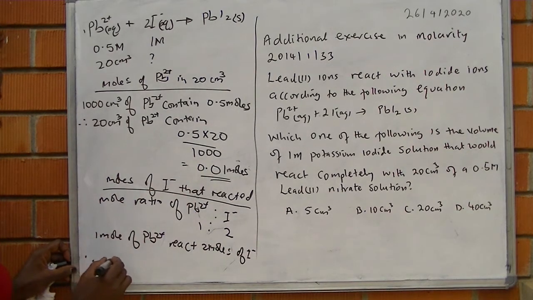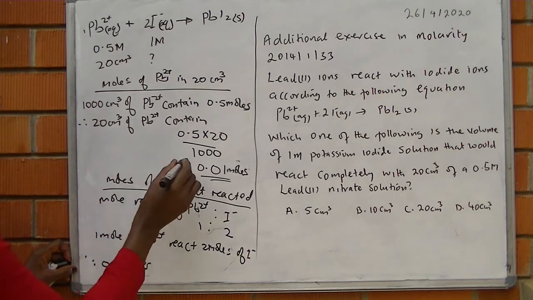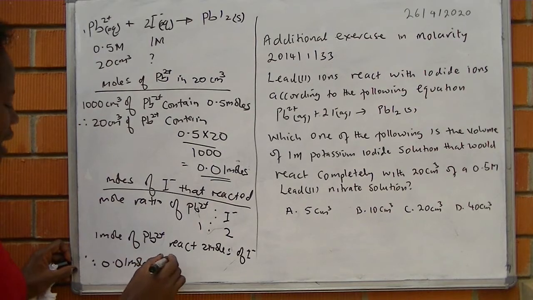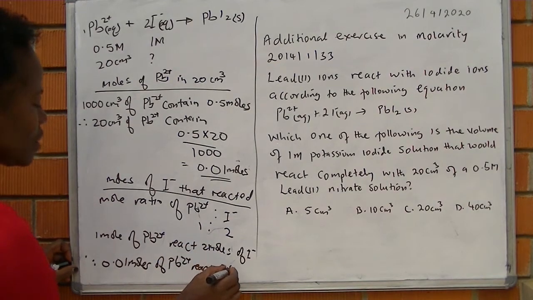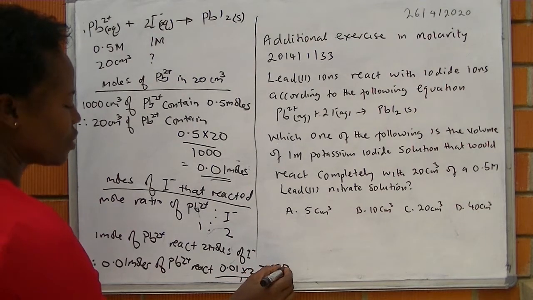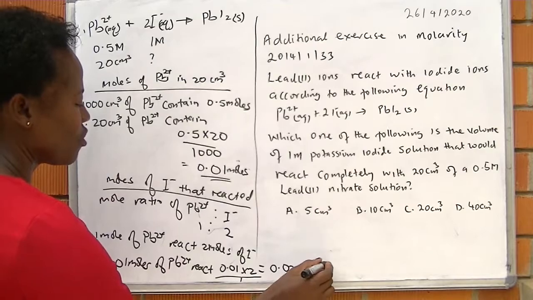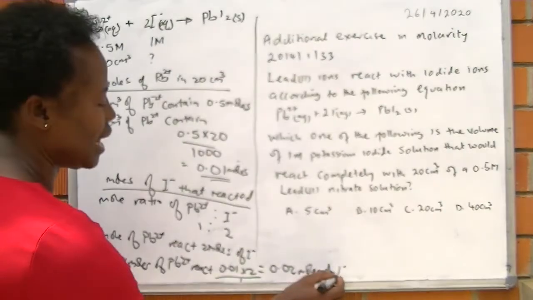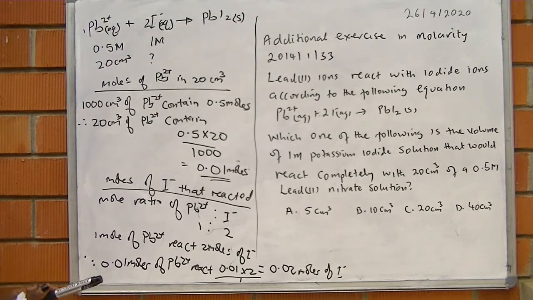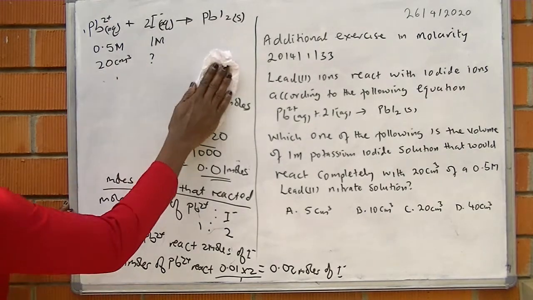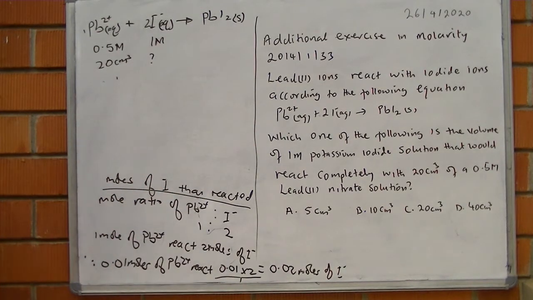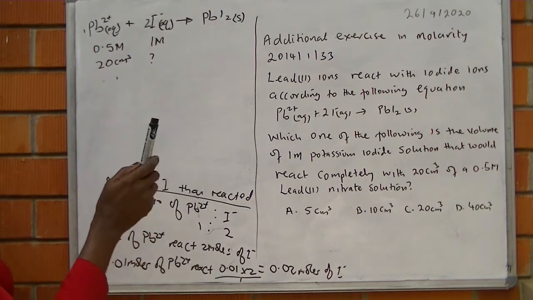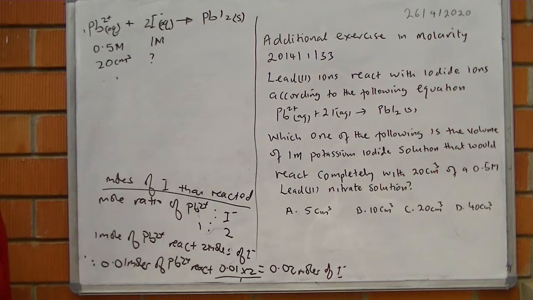Therefore, the 0.01 moles contained in 20 cubic centimeters of lead ions will react with, we cross multiply 0.01 times 2 over 1, which is equal to 0.02 moles of the iodide ions. So these are the moles of the iodide ions that reacted with the 20 cubic centimeters of lead ions.